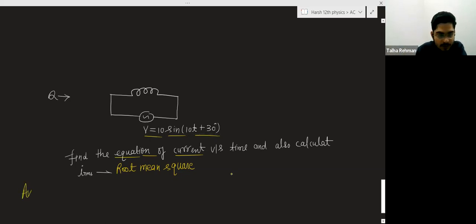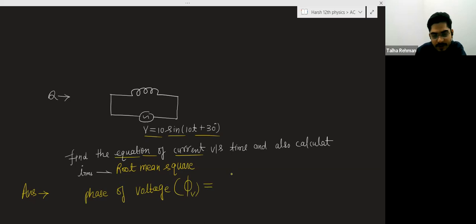Now see, suppose I represent the phase of voltage with phi suffix V. The phase of the voltage is given as 10t plus 30 degree.